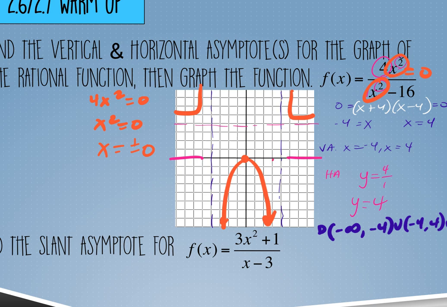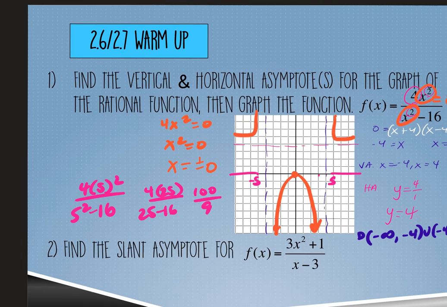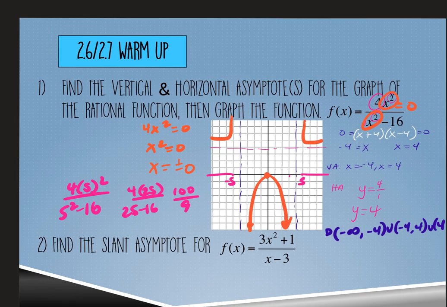Three, I could plug in something like 5 or negative 5, and it would confirm that I'm above the x-axis. So this would have been 4 times 25 over 25 minus 16, or 100 over 9. That's obviously bigger than 4, which confirms that my curve should be above the horizontal asymptote.